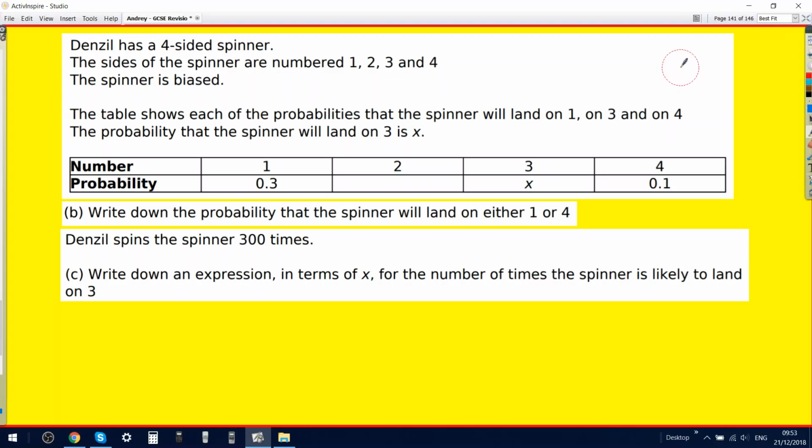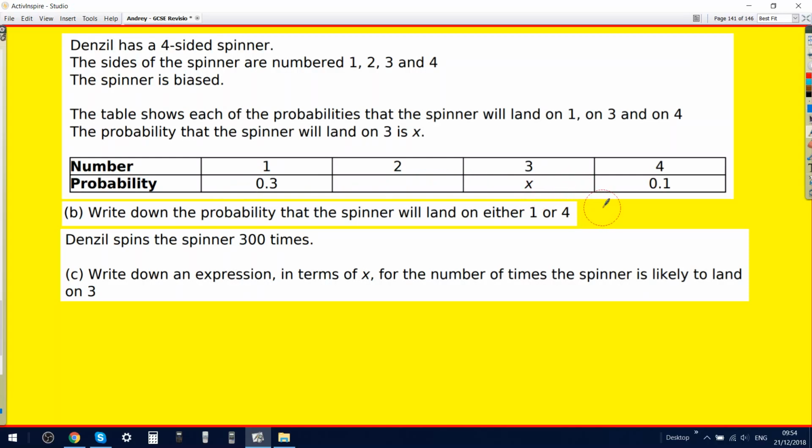Okay. How about these, B and C? Is it 0.4 for B?